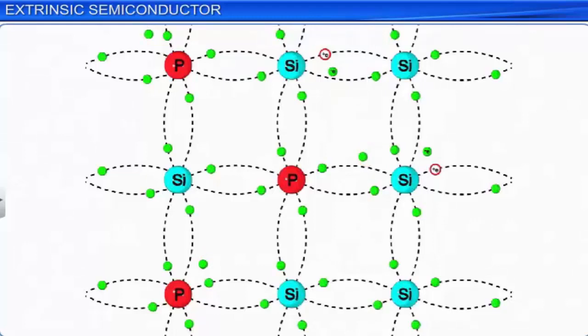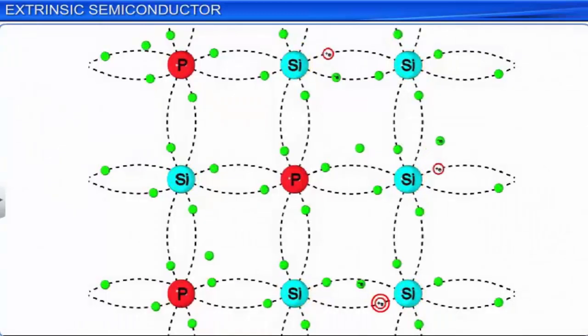But the total number of holes, NH, is only due to the holes from the intrinsic source. Due to the increase in the number of free electrons, the rate of recombination of holes increases. This gives rise to a reduction in the number of holes effectively as compared to the number of free electrons available for conduction.